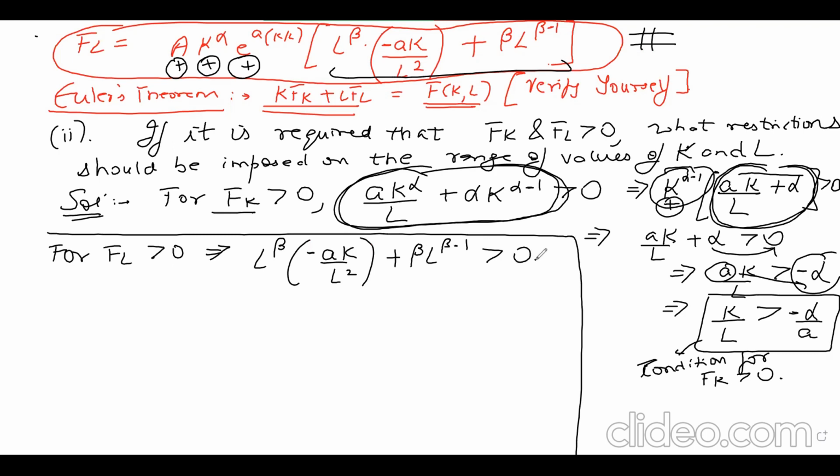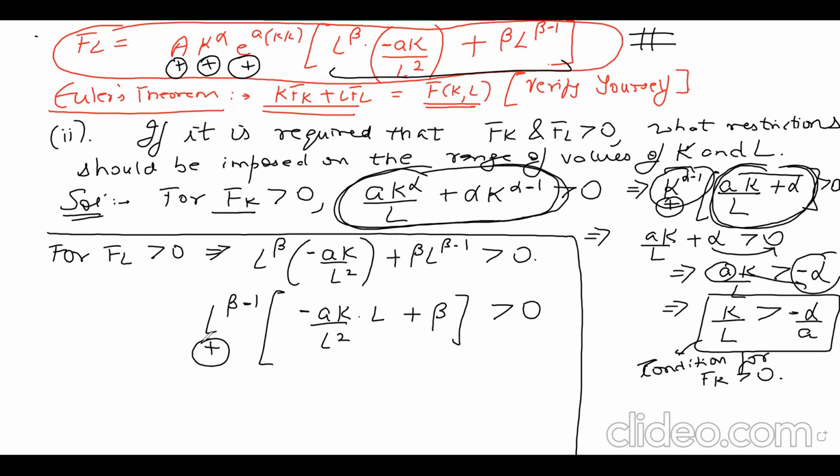So let me take something common here. Let us see what we can take as common. Again, I can take L to the power beta minus 1 common. So I get minus AK by L square times L, because I've taken L to the power beta minus 1. So here I'll get L plus beta, should be more than 0. L to the power beta minus 1 is anyways positive because L is a positive number and beta is also a positive constant.